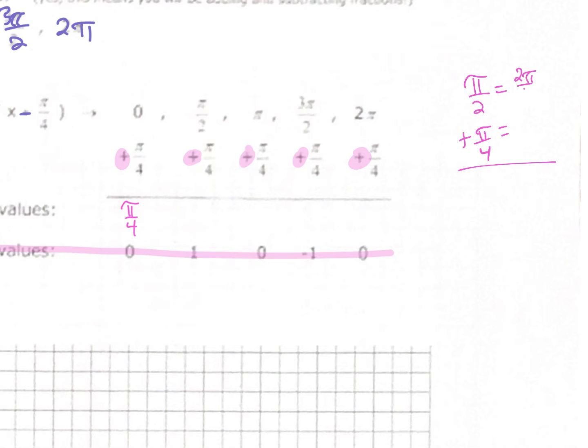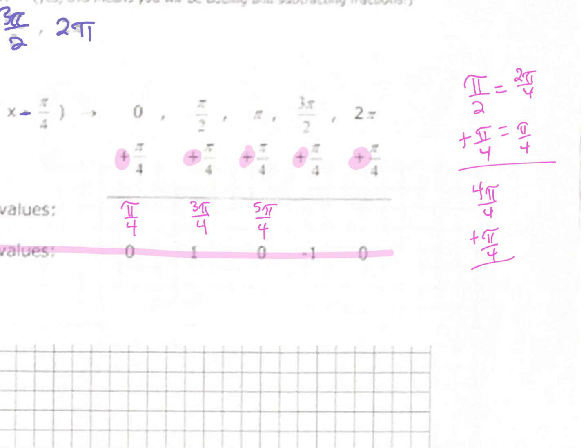So 2 pi over 4 plus pi over 4, this is 3 pi over 4. Then 4 pi over 4 plus pi over 4 gives us 5 pi over 4.